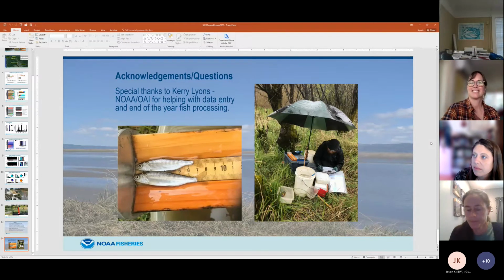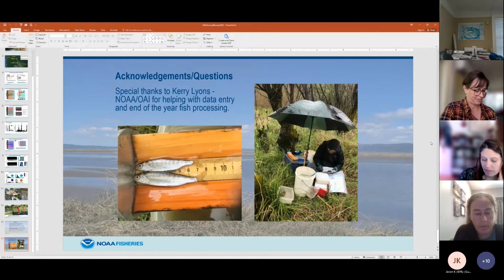Yeah. So I will address the Ilwaco one first. I'm not really sure why they're not coming into the slough. We sample about 20 meters into this side channel. And we know for a fact that there are Chinook in that area on that point by the Mainstem, but it seems like we're having a hard time catching them in the sampling area.